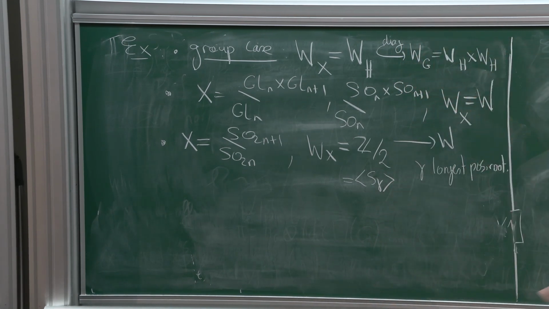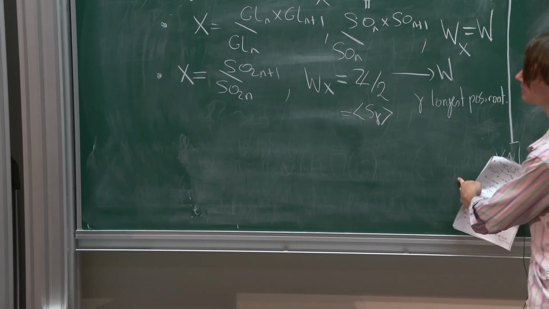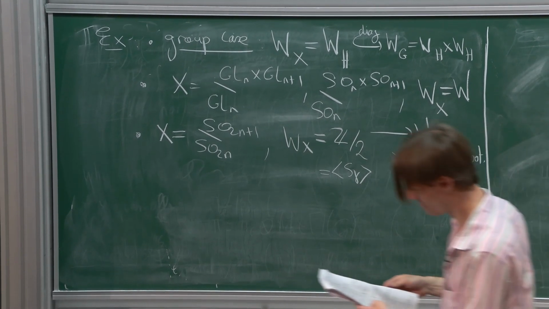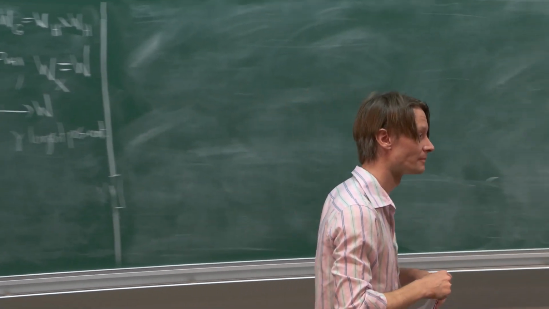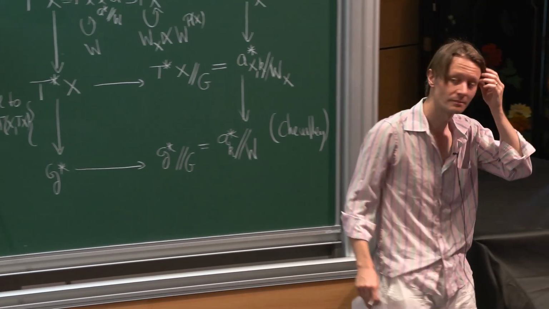Does it make sense to say what AX star is in those cases? I will in one moment. I was planning to say more things when I define the dual group. Is there some general principle that says these X are actually quasi-affine?